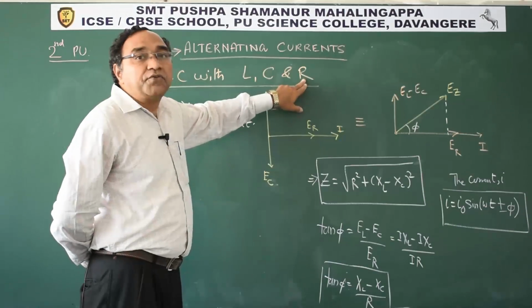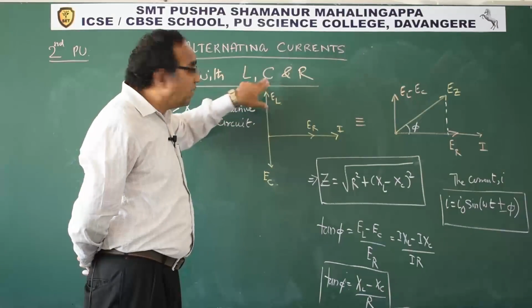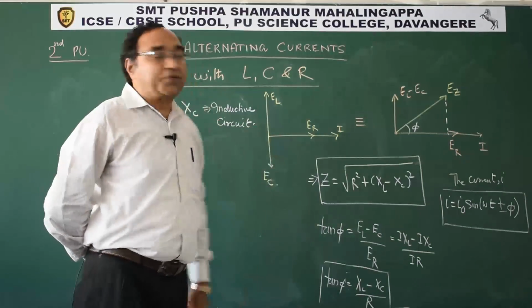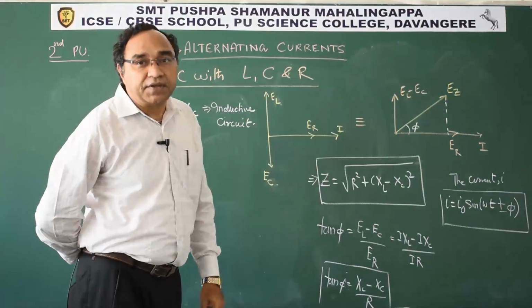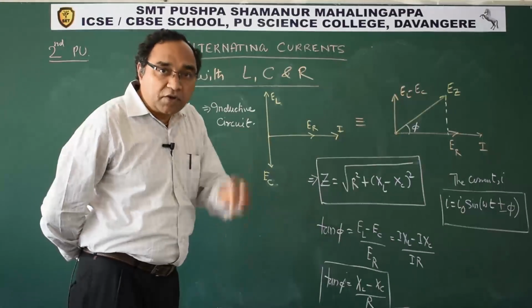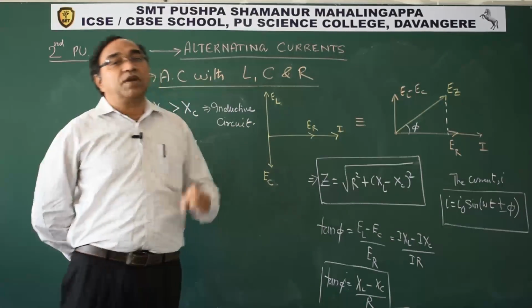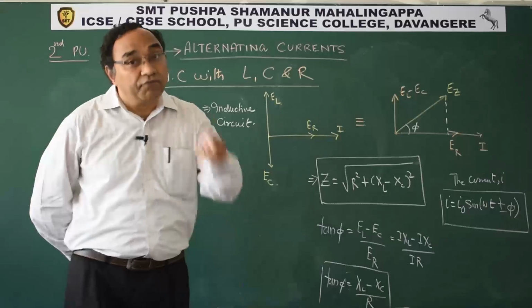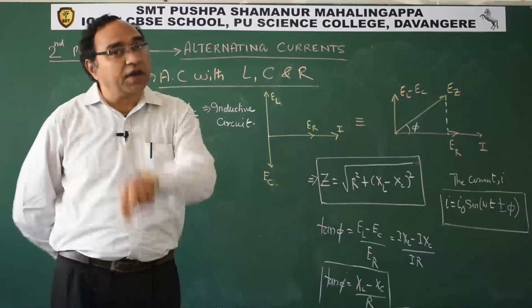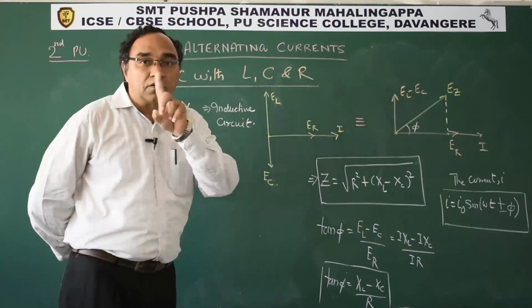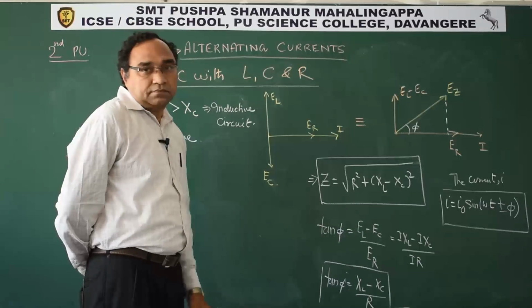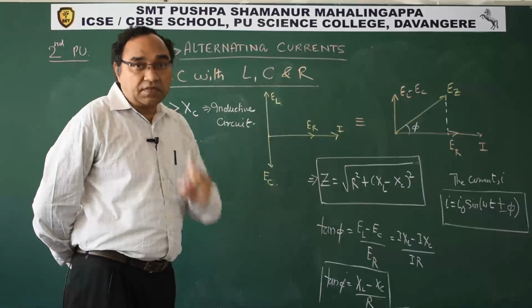So resistance value is 100 ohm. Get the equivalent resistance of C in ohms, that is called capacitive reactance. Find the value of 1 by omega C. The unit of 1 by omega C, capacitive reactance, will be in ohm. Now 1 by omega C can be compared with R, not C with R.